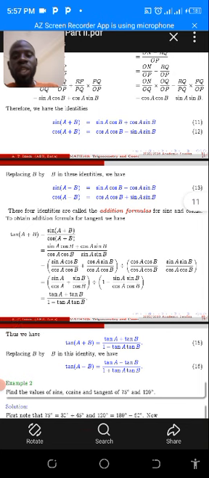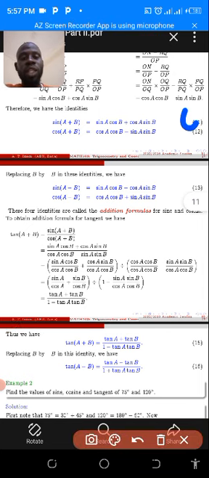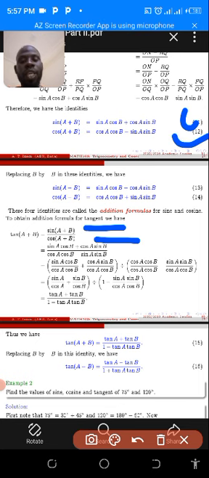So we use equation 11 in sine(A plus B), and we use equation 12 in cos(A plus B). So we replace sine(A plus B) with sine A cos B plus cos A sine B, and similarly we do it for equation 12.